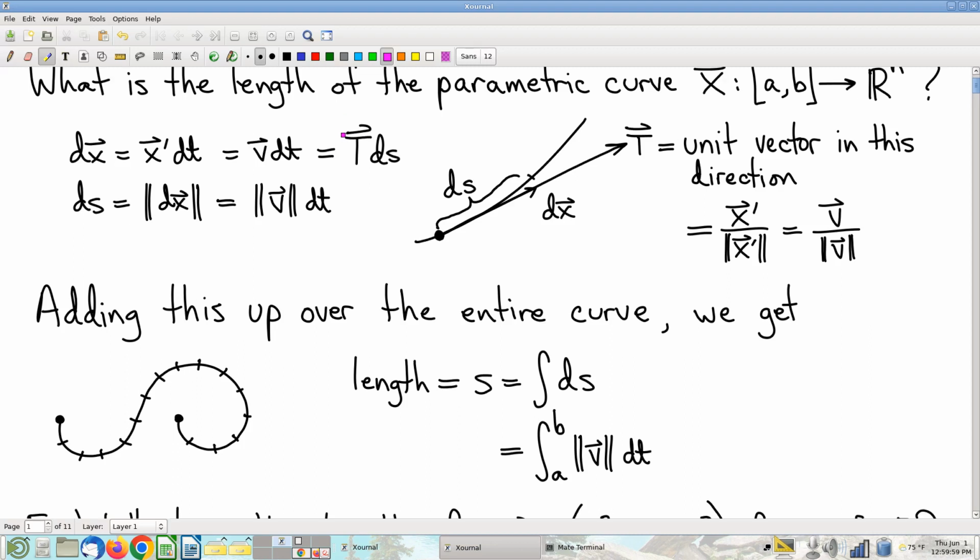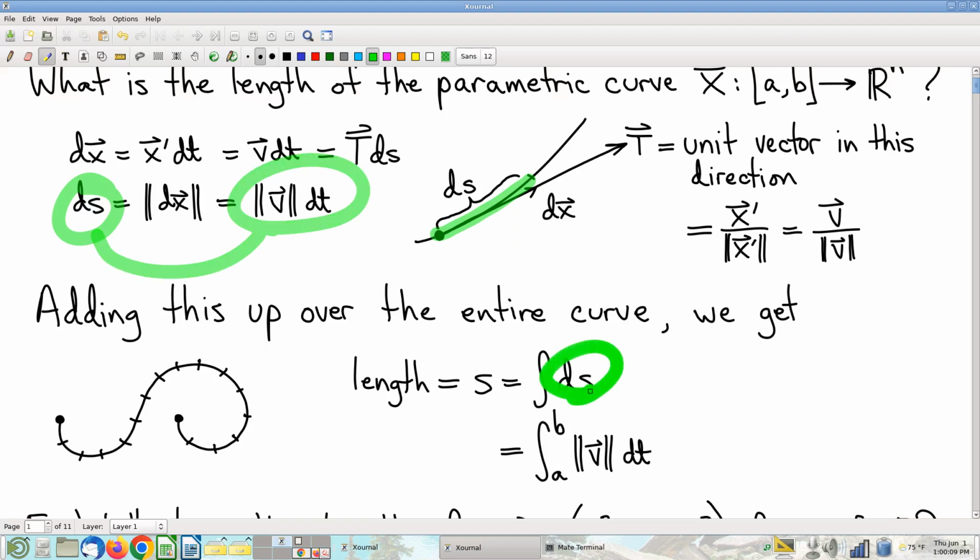We've got a formula for this ds vector. ds vector is v dt. That's what this little bitty length is that I'm going to be adding up over the entire curve. Therefore, that's what I'm taking an integral of and plug and chug to compute. Is everybody with me?